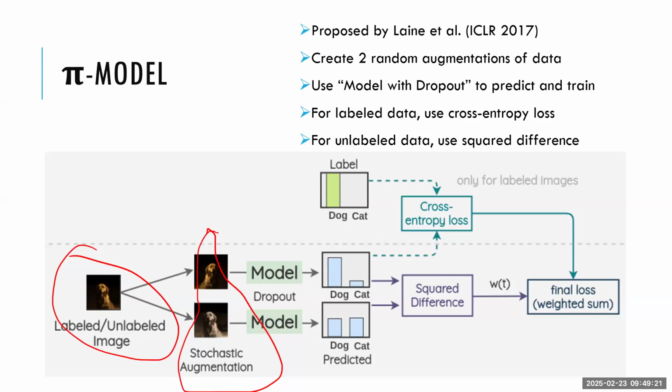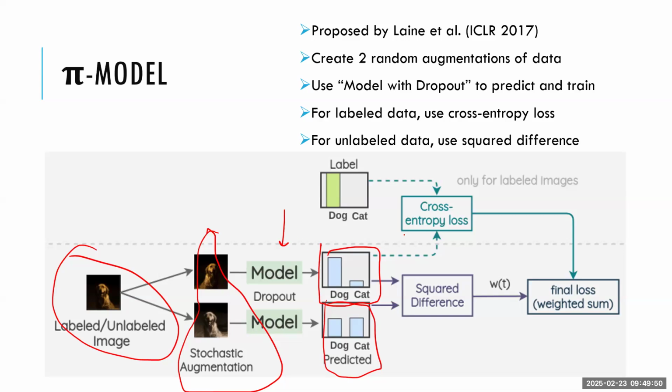And with the augmentation, you will learn the model, right? We use it to learn a model. And this model should produce a prediction. And depending on which type of image it is, we are going to use a different loss function.